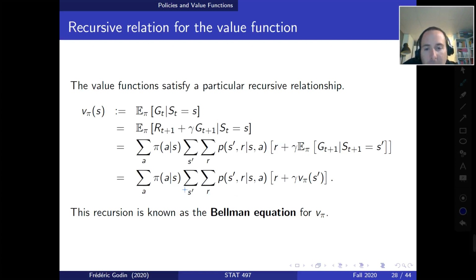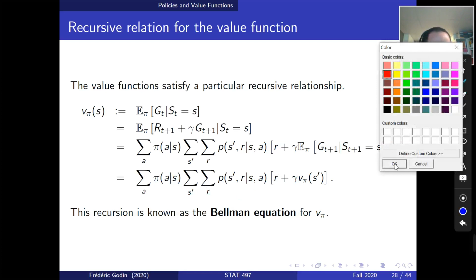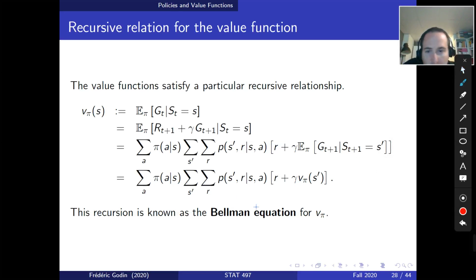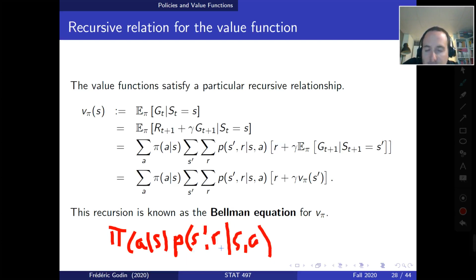Okay, and here, just an additional detail. When we write pi of a given s times p of s prime, r given s, a, this looks complicated, but it's really the probabilities associated with all possible scenarios for the next time step.